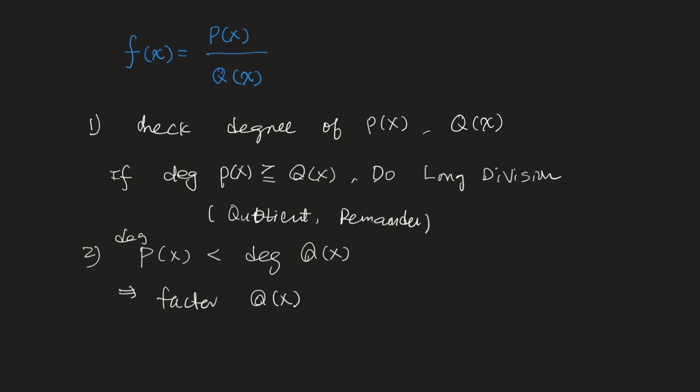That's the step you take before you start integrating a rational function, guys. So I'll give a specific example for each case. Make sure you understand which step you're going to take for the rational function, okay?